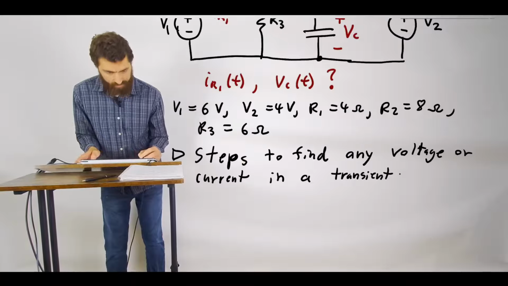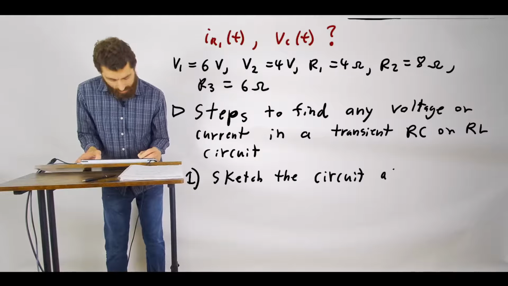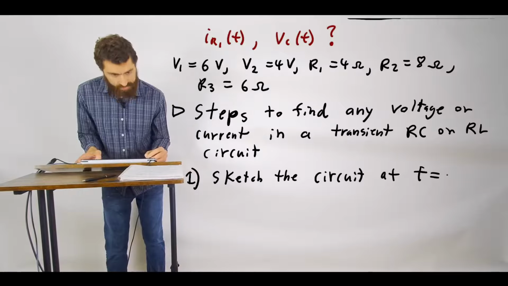So the first step, step 1, is sketch the circuit at t equals 0 minus, so right before the circuit switches, t equals 0 plus, right after the circuit switches, and t equals infinity, a long time after everything settles.